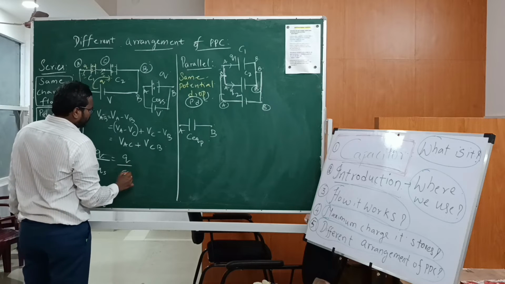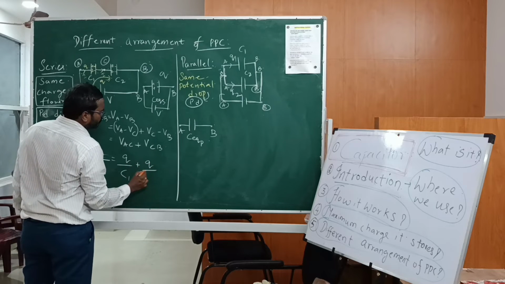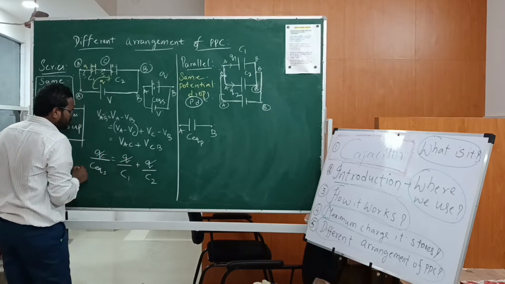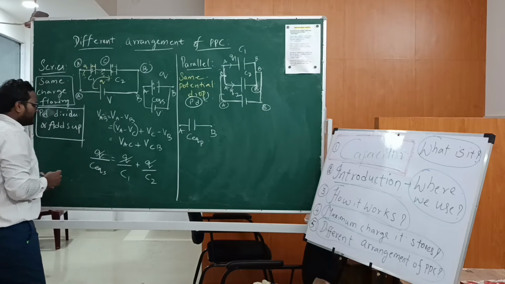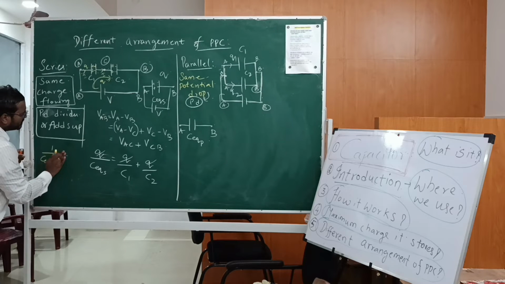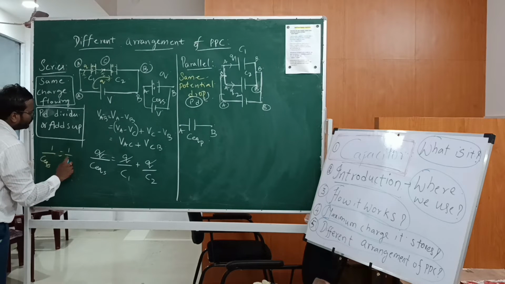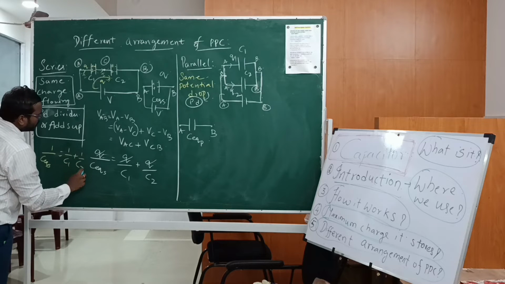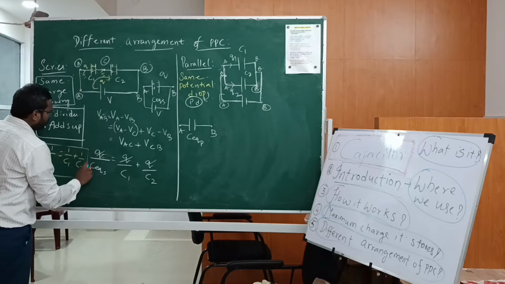So Q by C1 plus Q by C2. So charges will be cancelled here. So what is the relation that we get here? Now this relation is very important. 1 by C equivalent in series is equal to 1 by C1 plus 1 by C2.